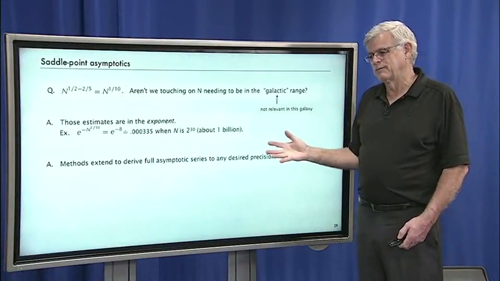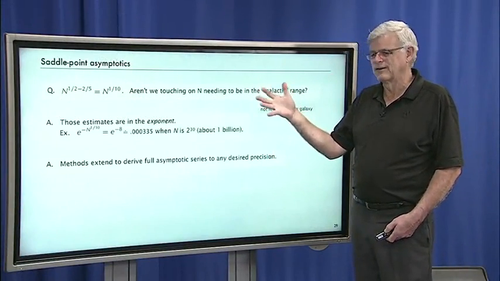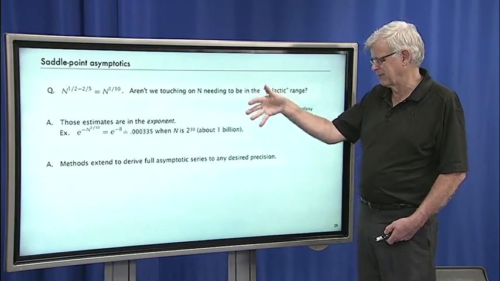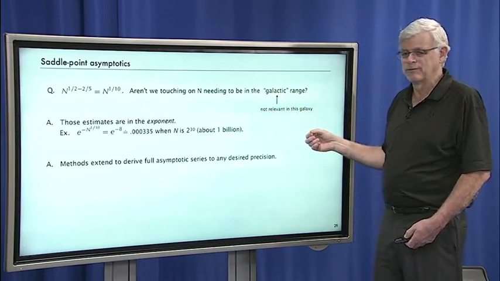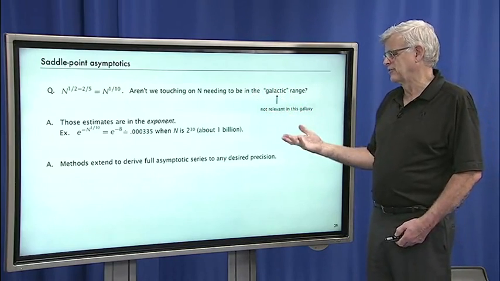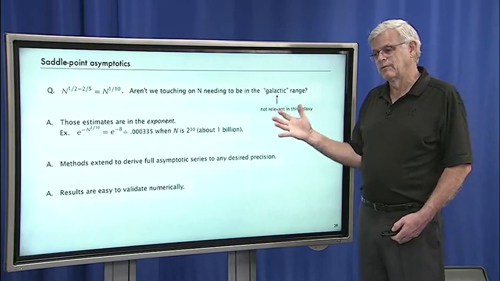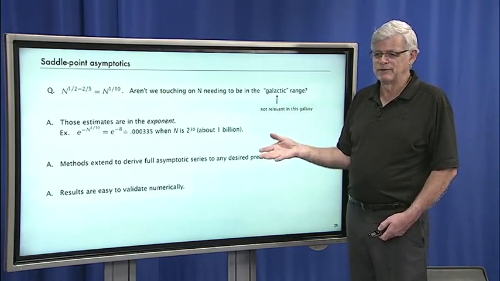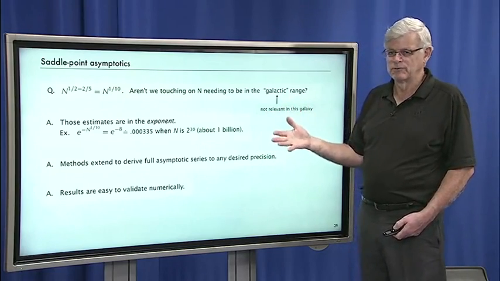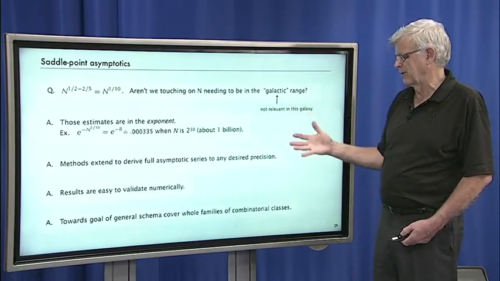The other thing is that I'm doing a quick illustration here. We can get full asymptotic series to any desired precision using these methods. And also, when we get the answers out, we can validate them numerically, which we usually do for problems of this sort.